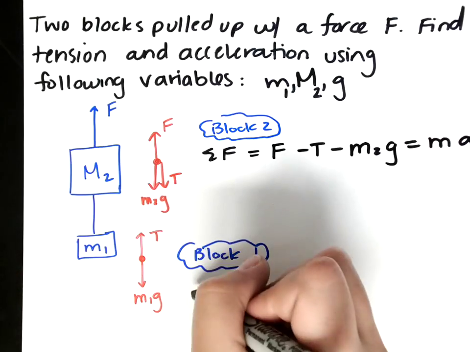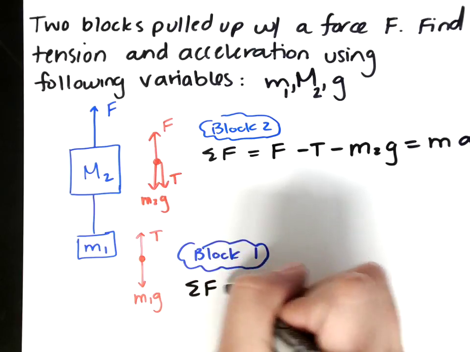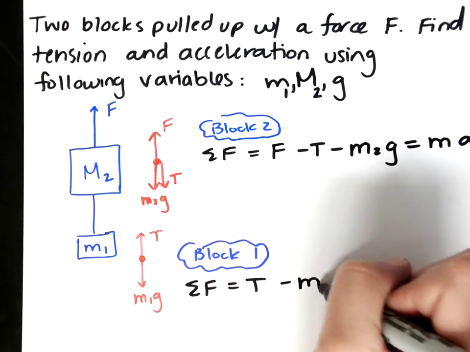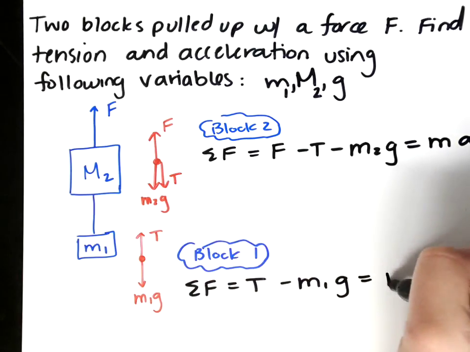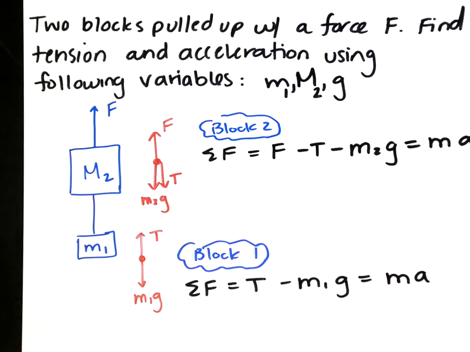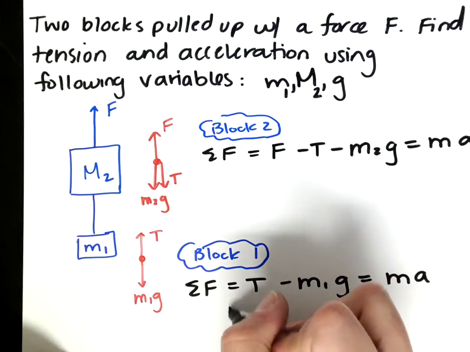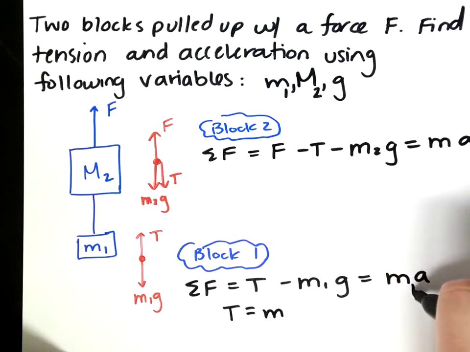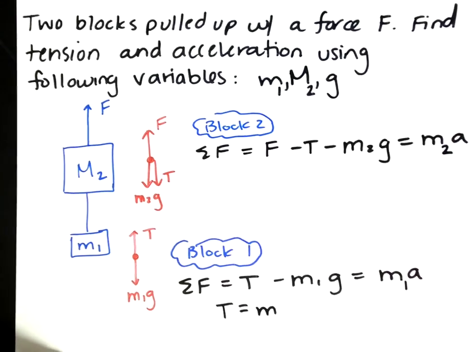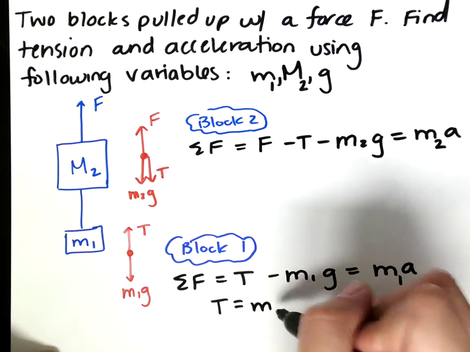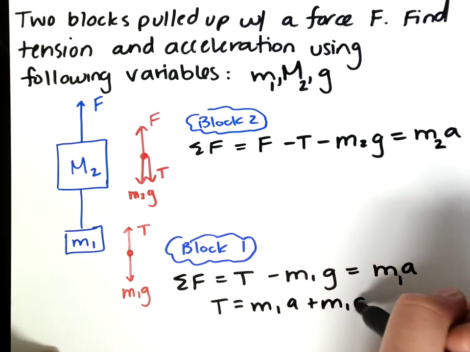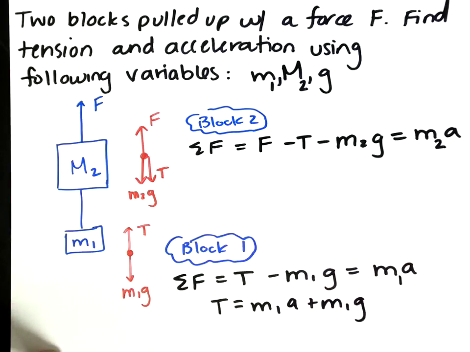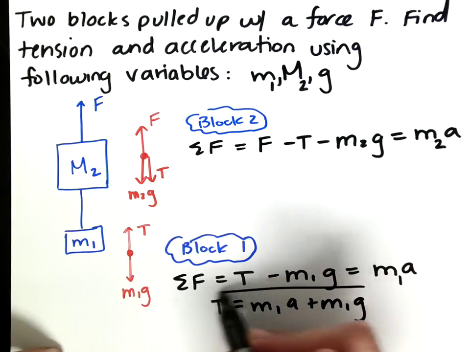Okay, and then our block 1 equation is going to be sum of the forces equal to tension minus M1G equals M1A. Okay, let's go ahead and solve for tension first. That one's pretty easy. Tension is equal to M1A plus M1G. There's our tension right there.